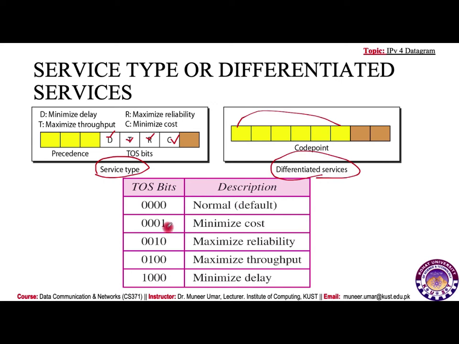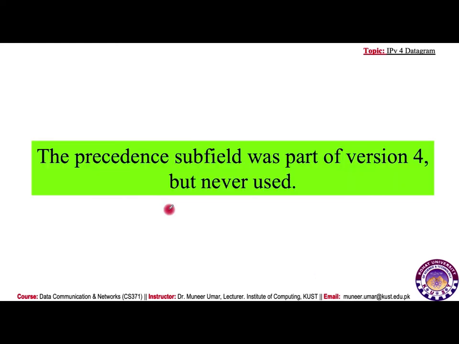If we put 1 in the C, then it would minimize the cost. For R, we must have 1 here, so maximize reliability, and for maximize throughput and minimize delay we also give ones to the flags and zeros to the rest of the bits.